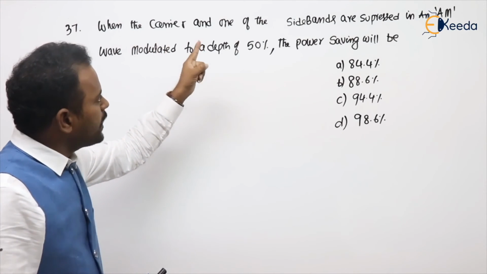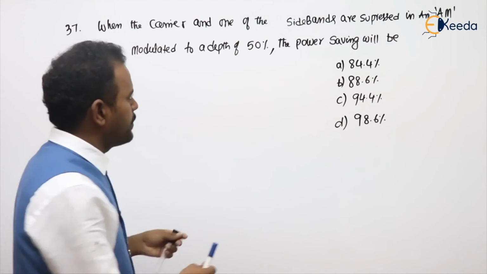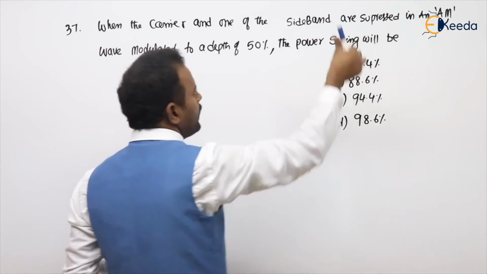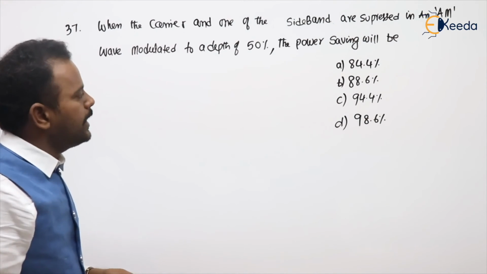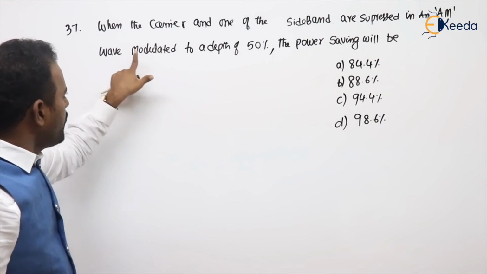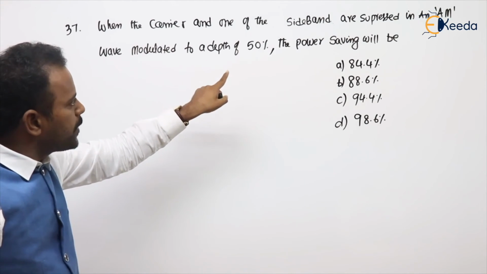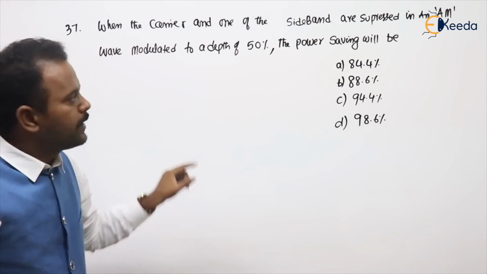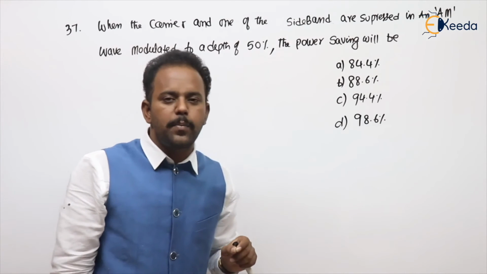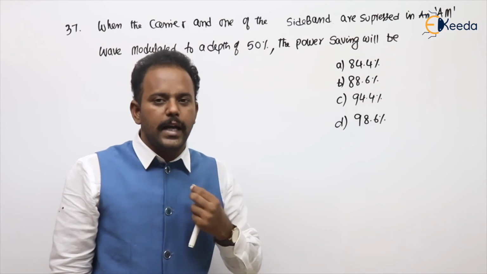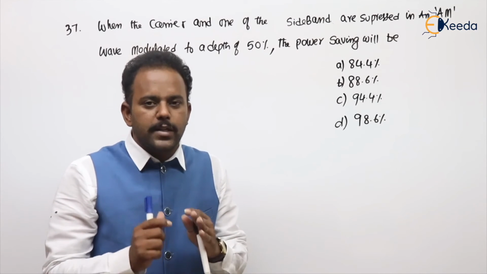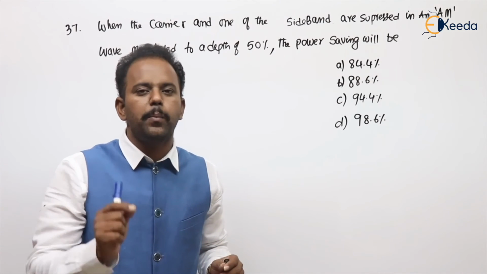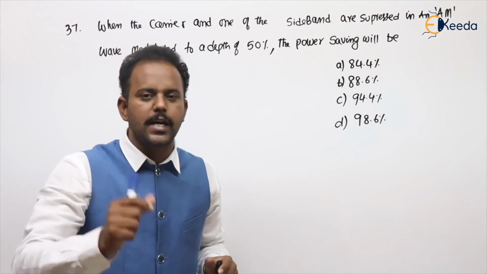Let's see the problem. When the carrier and one of the sidebands are suppressed in an AM wave modulated to a depth of 50%, the power saving will be. Carrier and one of the sidebands we are saving, that means SSB-SC. So the power saving in SSB when compared to amplitude modulation is asked.